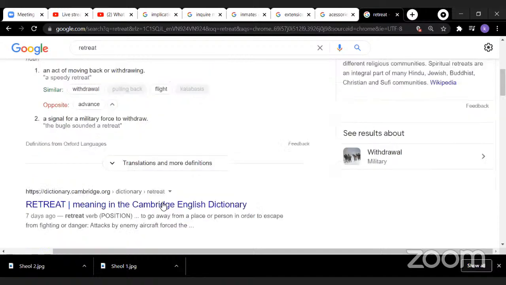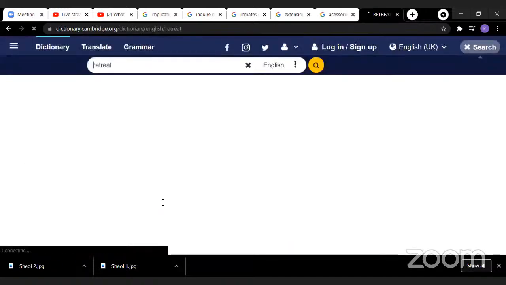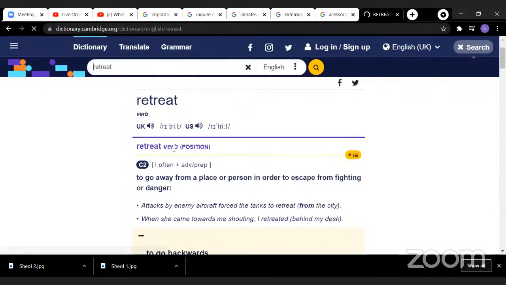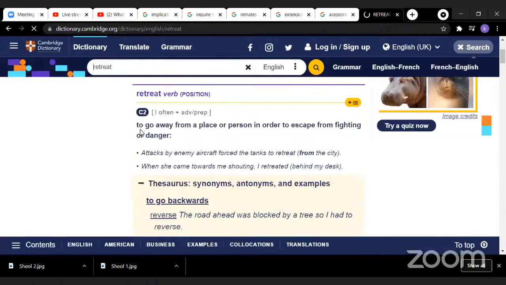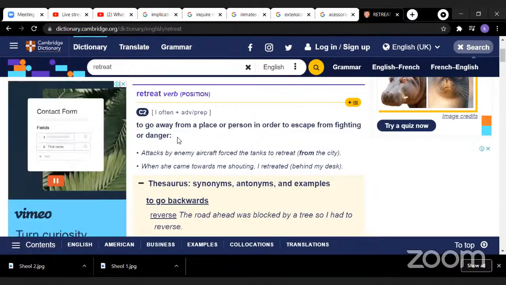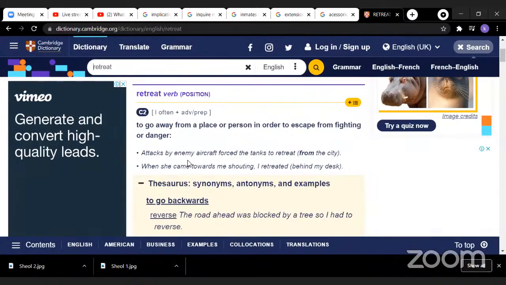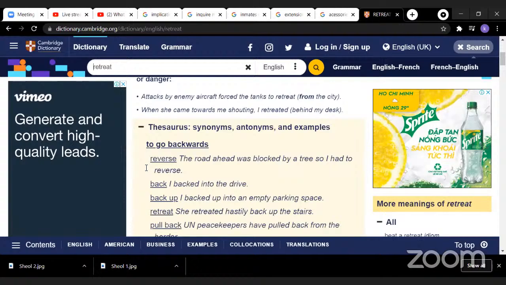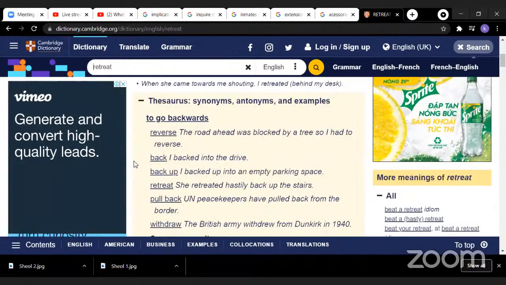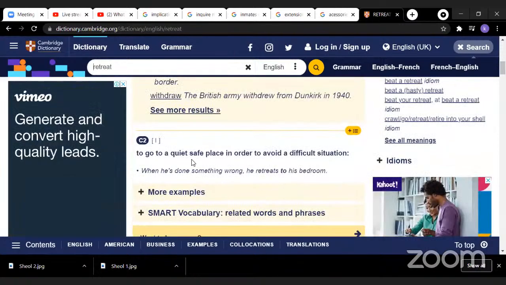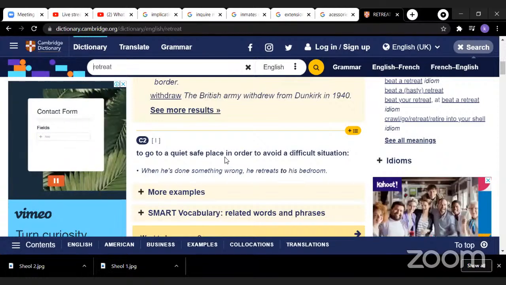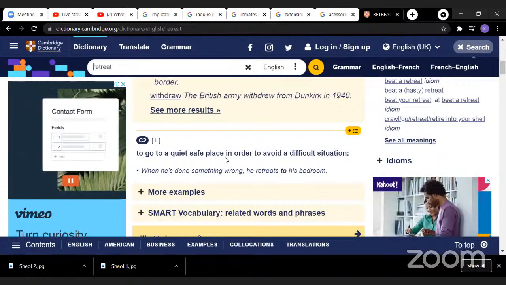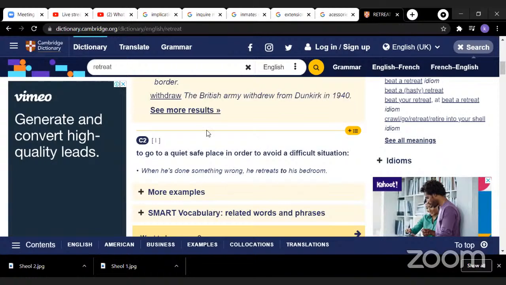Let's look in the Cambridge English Dictionary. Here we see retreat as a verb, to go away from a place or person in order to escape fighting or danger. So it's basically an escape, a safe place. Two, to go to a quiet, safe place. Oh, there it is. To go to a quiet, safe place in order to avoid a difficult situation.